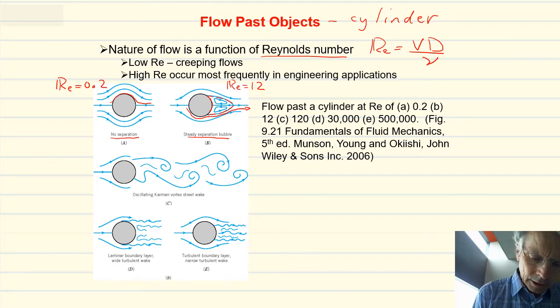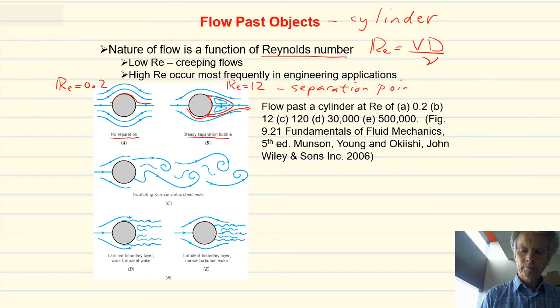So there's actually a couple of points on either side of the cylinder where the flow separates, and we call those separation points. Okay, so in this case there's one there and there's one right there.